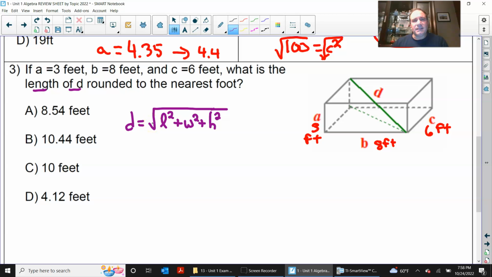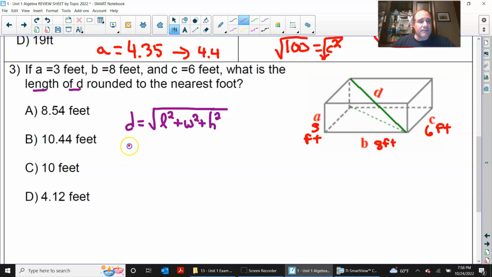It says D equals the square root of length squared plus W squared plus H squared. So you're squaring all of what is given to you, and it is going to give you what that diagonal is right there.